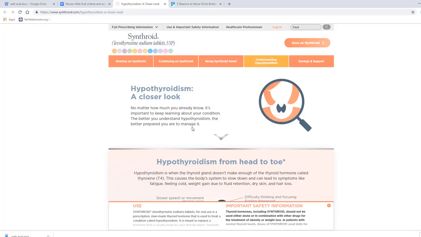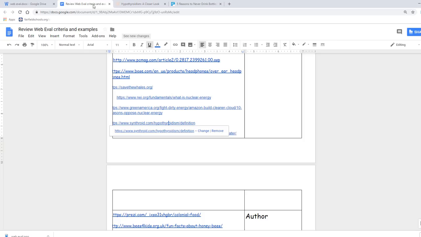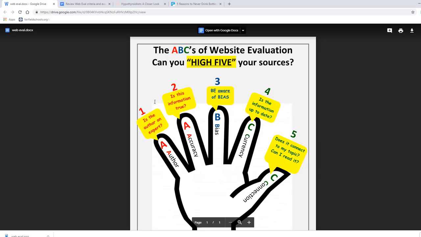So again, this is biased, probably good information, but understand what they're trying to tell you. I think that's a good understanding. Bias always is good for all sorts of thinking and information, not just research projects, but just understanding bias is a really important skill to have in life as a citizen.